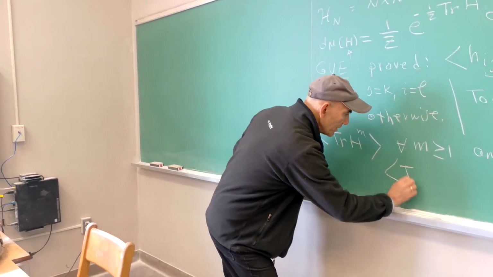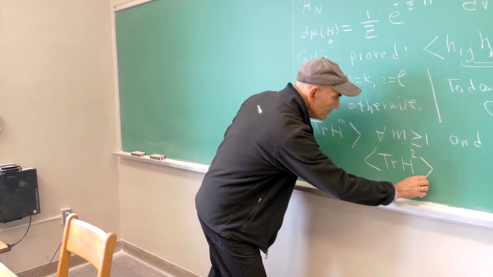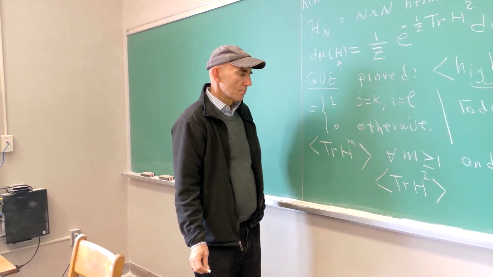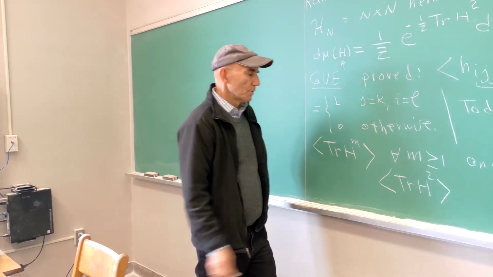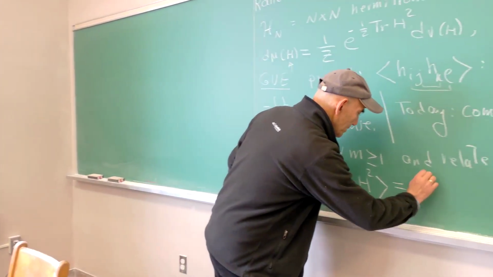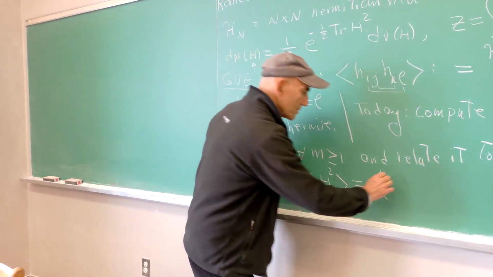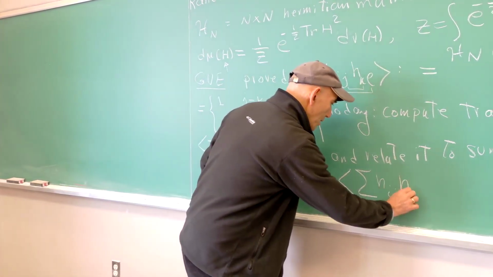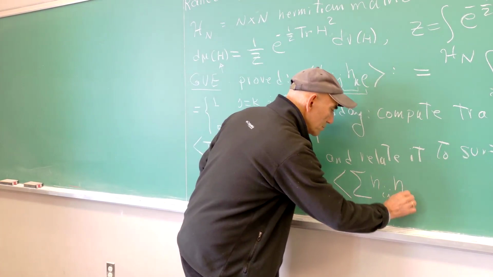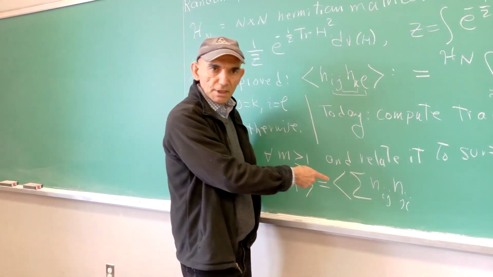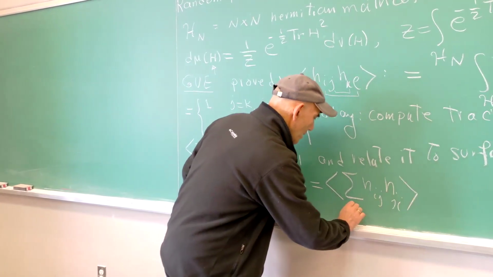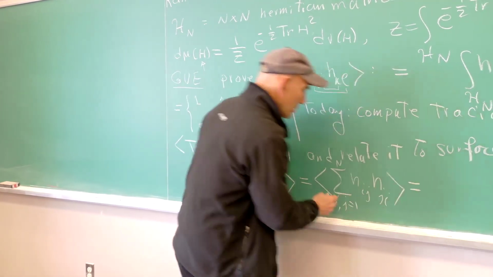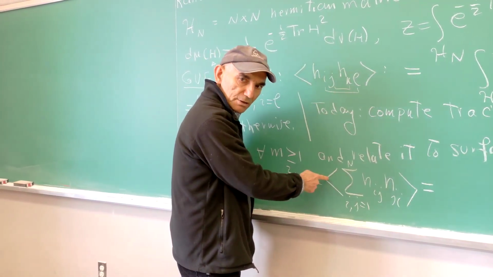What is the expectation of trace of H^2? Well, this is easy because we can just write it as the sum of H_ij H_ji by definition of trace, with i, j from 1 to n. Expectation value is linear, so this comes out.